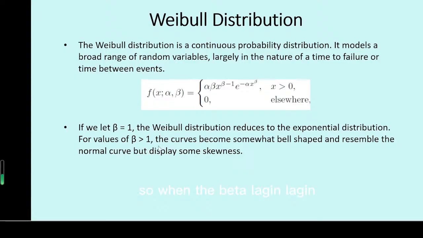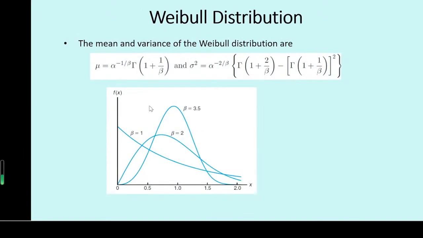When beta is larger than 1, it resembles the normal curve, but is not normal because the curve has skewness. So this figure shows 3 Weibull density curves. For example, beta equals 2. It looks like a normal bell shape, but is not normal. And for beta 3.5, it's very close to normal, but not normal because it has a slightly longer tail to the right side.